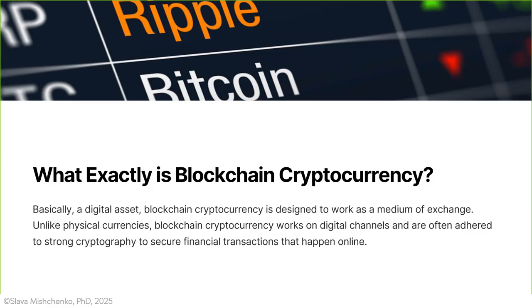Unlike the physical money in your wallet, for example, cryptocurrency exists purely in the digital realm. But here's what makes it special. It's secured by some of the most sophisticated cryptography we have ever developed. And let me share something from my experience working with various digital payment systems.